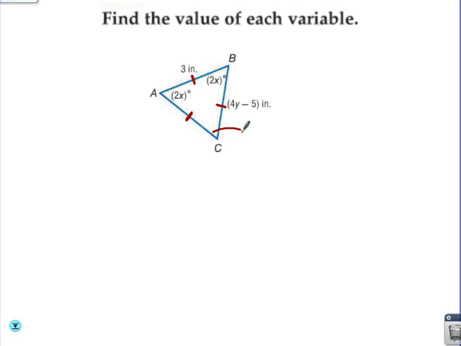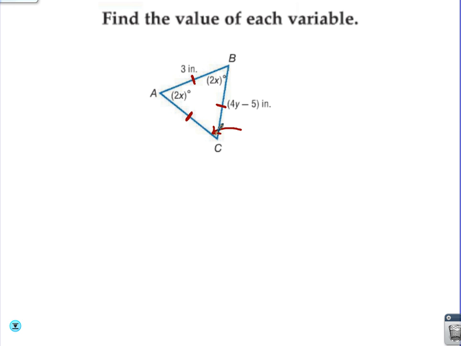So my question now is, how big is angle C? Because you have to know that before you can work this problem. That's the reason I like this problem, and the reason I put it on the test. How big is angle C? Well, it will be 60. You're exactly right.